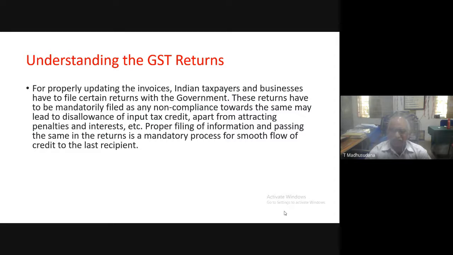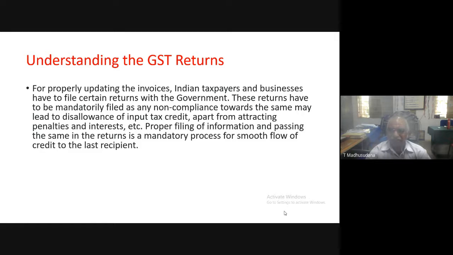Therefore, GST returns means the taxpayers, the business people who have registered under GST law, have to file returns appropriately.